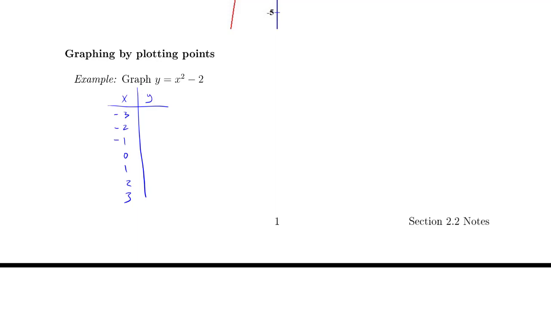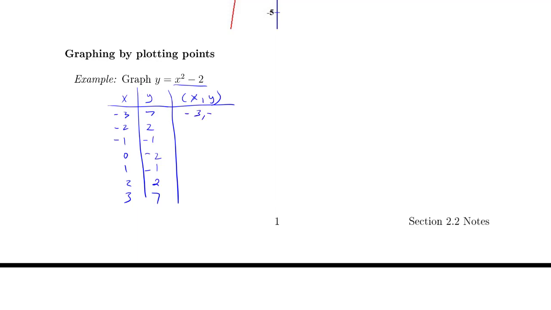And then if I did x squared minus 2 for each of these, so -3 squared is 9, minus 2 would give you 7. -2 squared is 4, minus 2 would give you 2. And then I would get -1, I'd get -2, I'd get -1, 2, and 7. And what this really tells me is that I've got all these points on the graph.